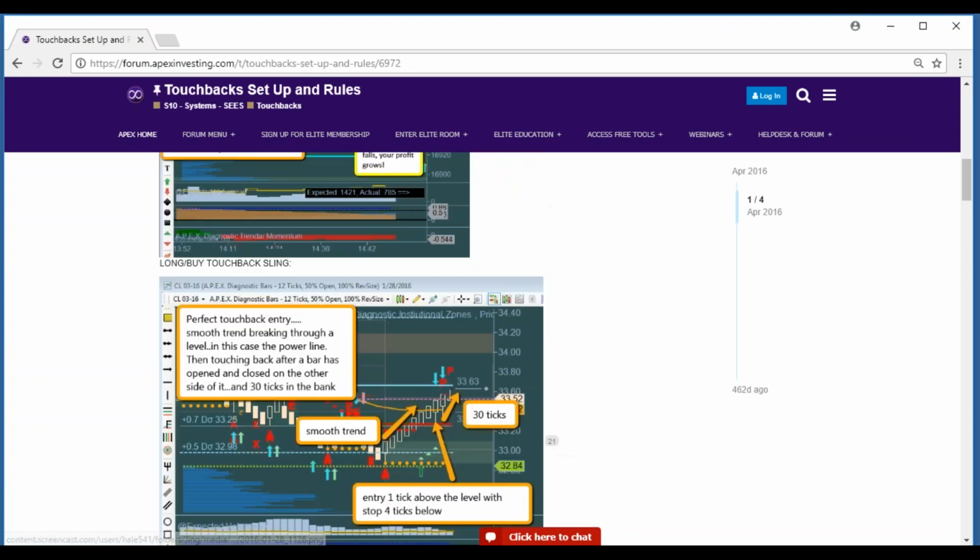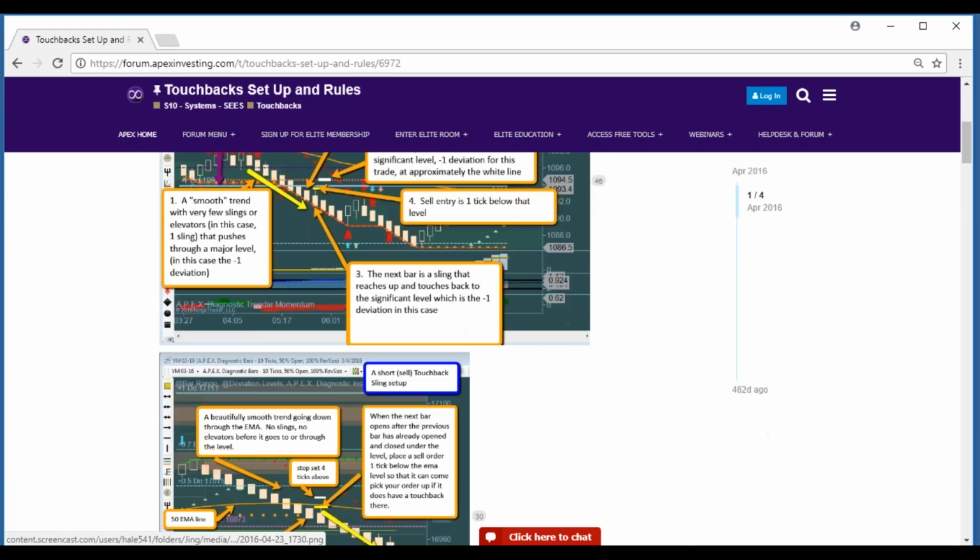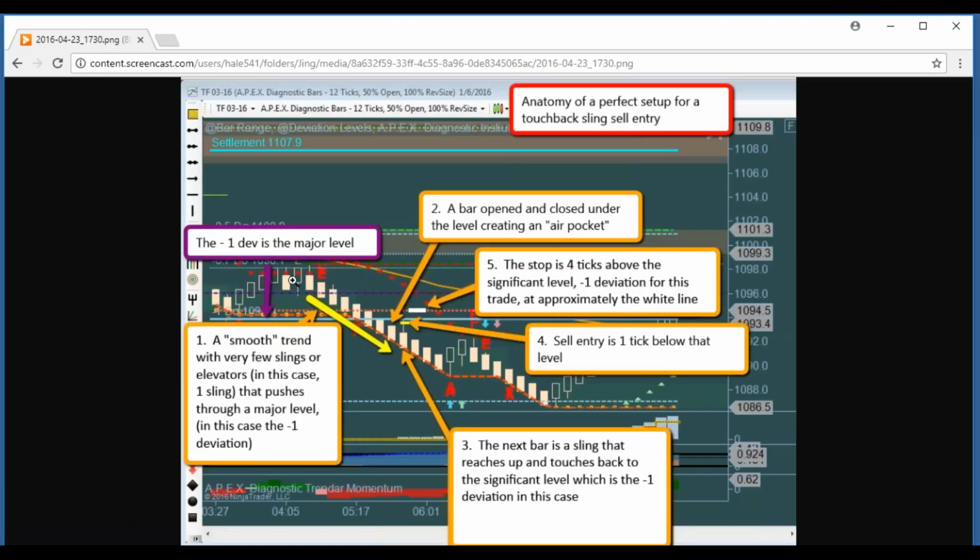If you're watching this setup happen right here, and you see that the market blew through that level and is starting to come back up, when you see the price get there, that's when you're selling on Nadex, whether you're using binaries or spreads.